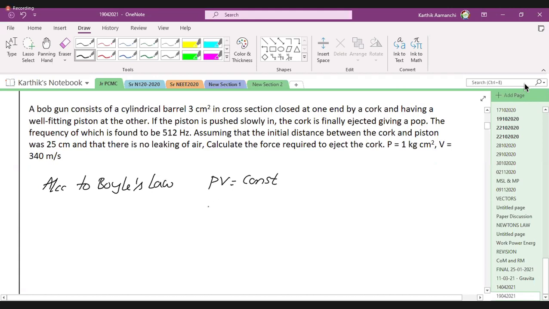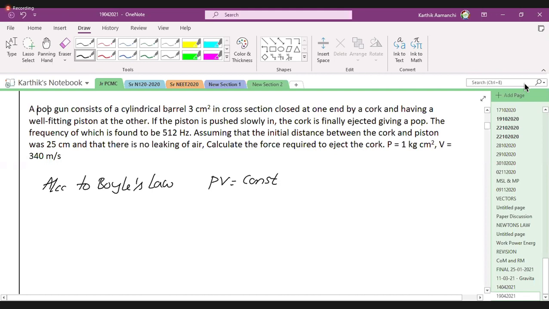Yes, sir, understand the question. What he says is a pop gun, right? Cylindrical barrel, area is given 3 centimeters. Closed at one end by a cork and having a well-fitting piston at the other end.